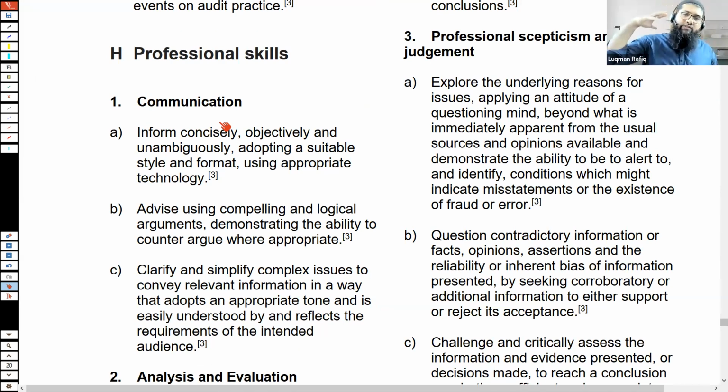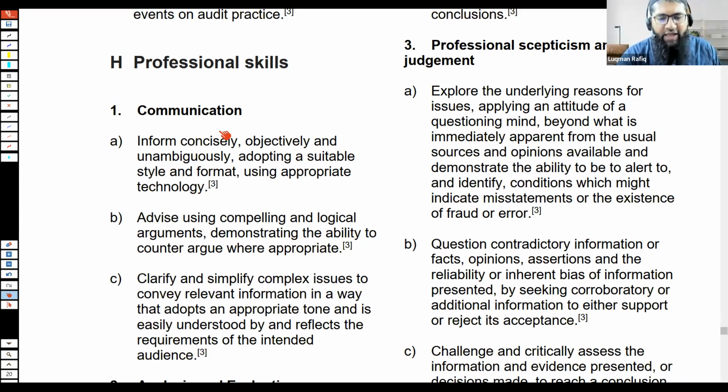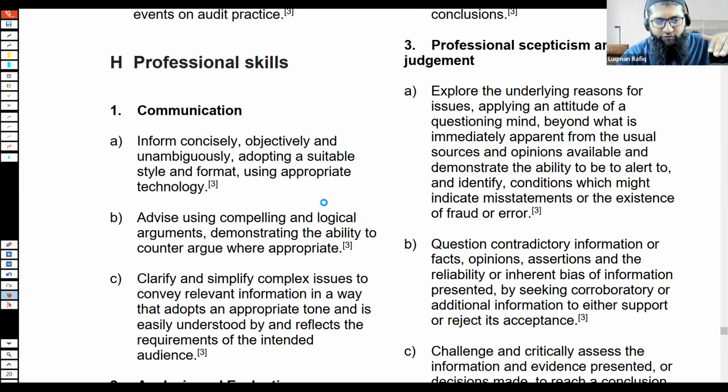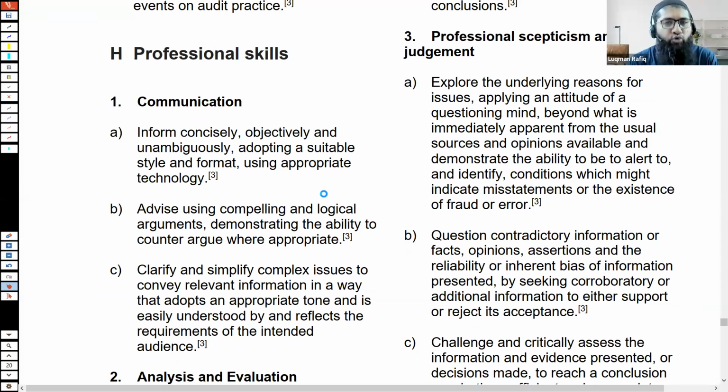We have been seeing questions where the examiner has asked for a report or briefing notes. We have been submitting reports and briefing notes, structured in a manner where you give an introduction, then a body paragraph, then a conclusion paragraph.